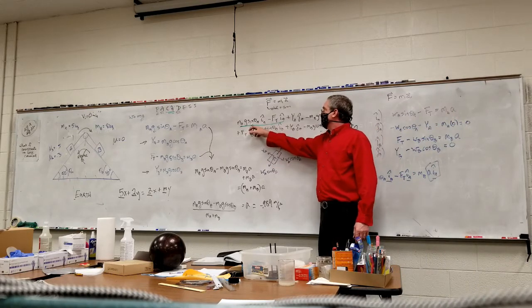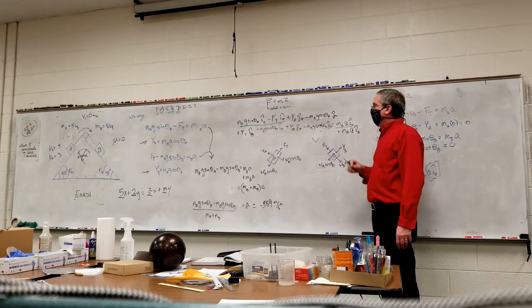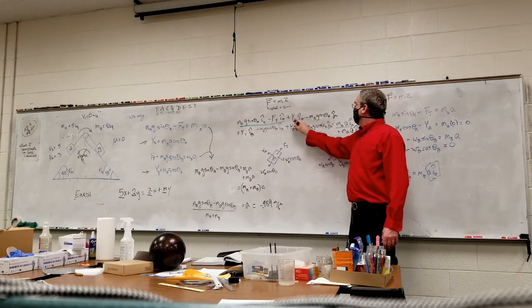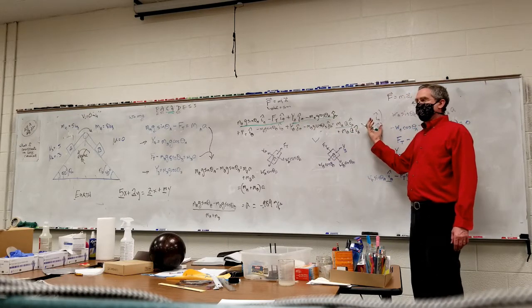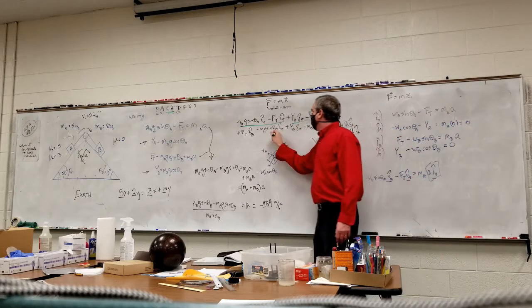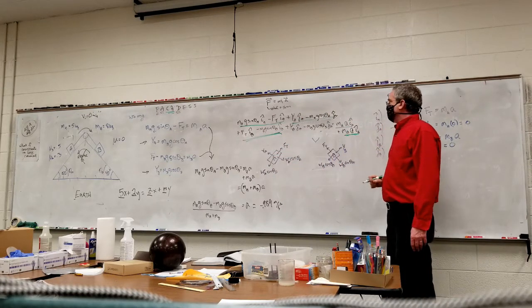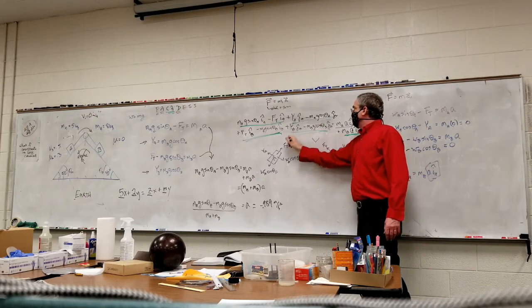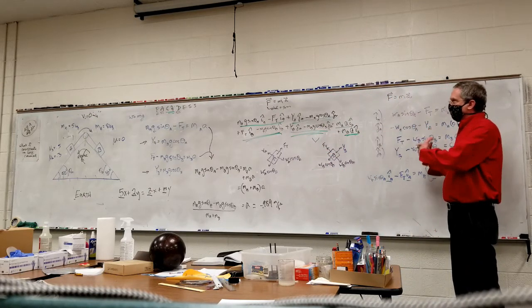So m_A g sin theta_A minus F_T has to equal m_A a_A. The j_A parts have to equal 0 because I don't have anything on the right-hand side for that. Then the i_B parts have to equal the i_B part over here, and the j_B would have to equal 0 because there's no j_B part on the right-hand side.